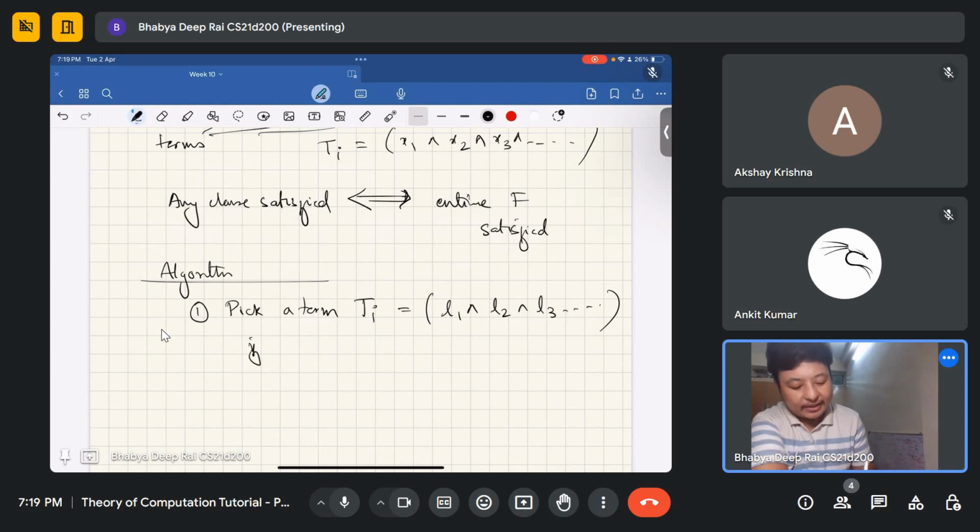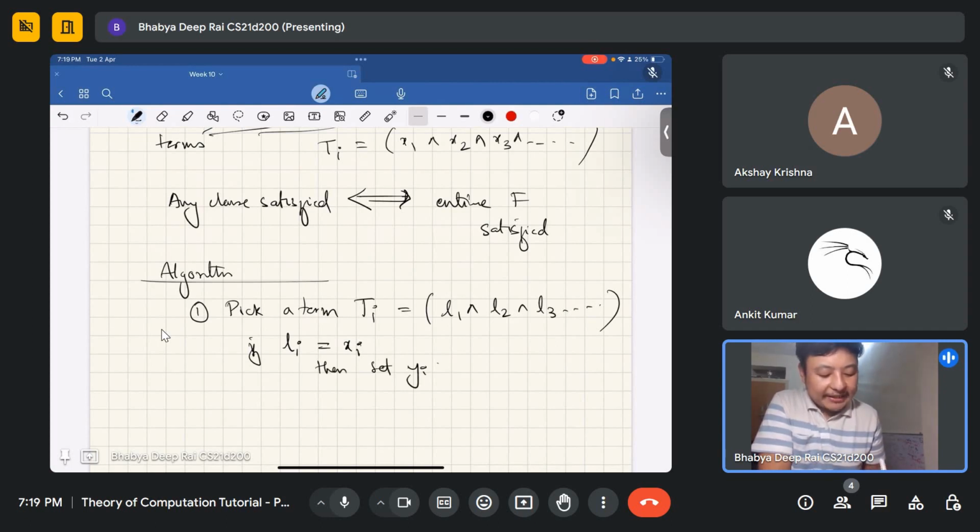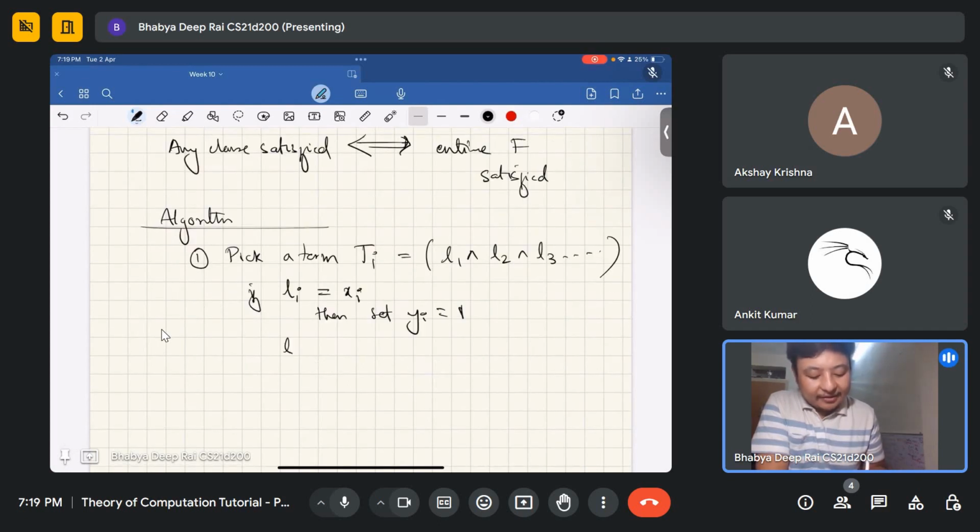If Li equals Xi, it is a positive literal, not negated, no negation gates, then set Yi equals 1. And if it is a negative literal, Li equals Xi bar, then set Yi equals 0.